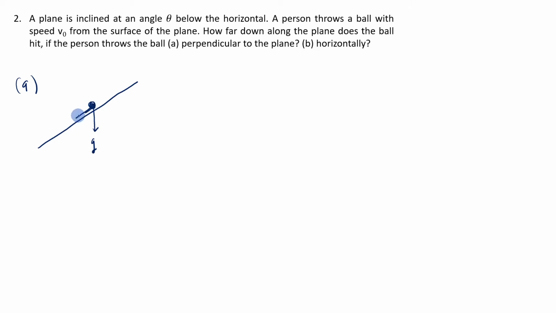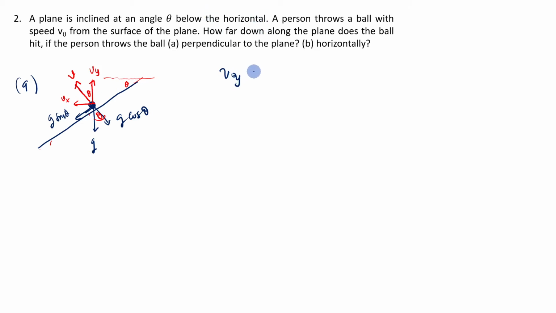The acceleration parallel to the plane is g sine theta, and perpendicular is g cos theta. So the acceleration is backward to the plane. This is the v, and this is the angle theta. So this is Vy and Vx.